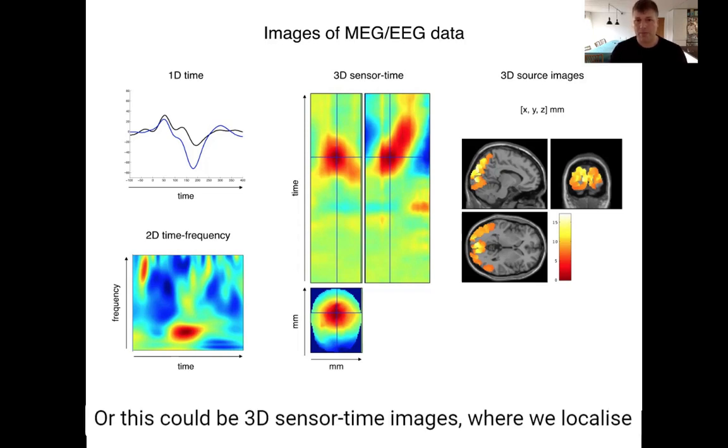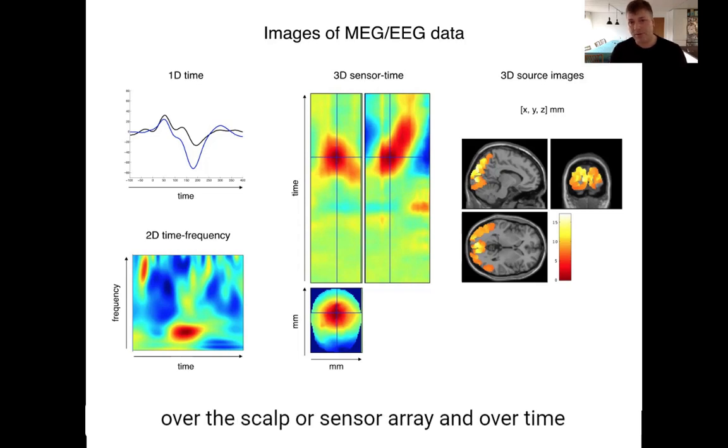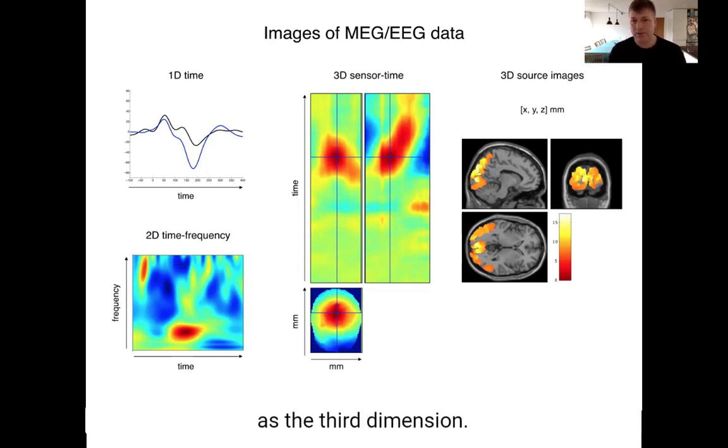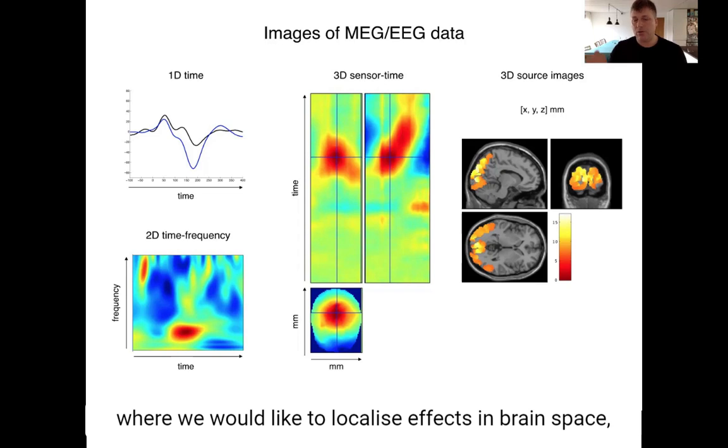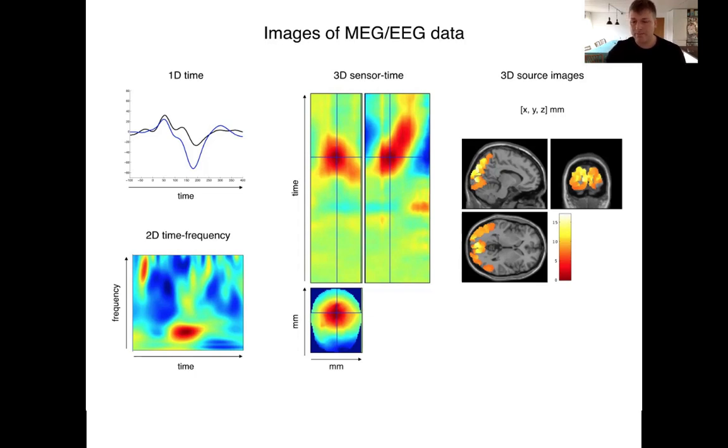Or this could be 3D sensor time images, where we localize over the scalp in EEG, or over the sensor array in MEG, and over time as a third dimension. Or indeed, this could be 3D source images, where we'd like to localize effects in brain space, so in MNI space and voxel space.